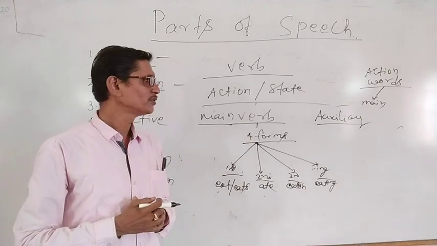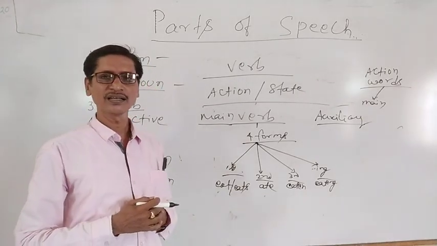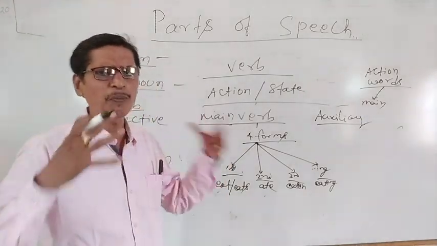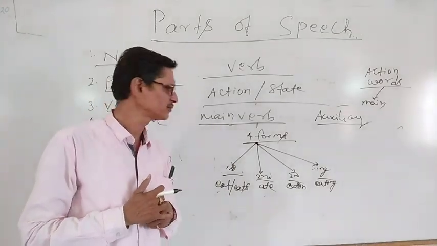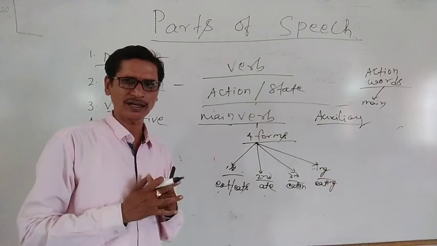Main verb, which we say lexical verbs, or you can say full verbs, they have a lot of other names teachers have been telling. You also come across them, you know them.